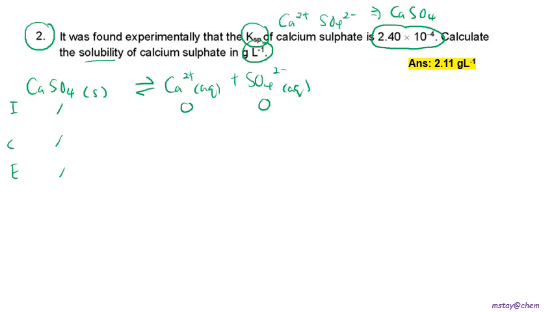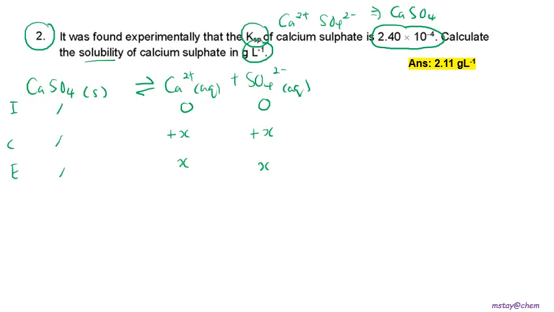But after a time, the calcium sulfate is slightly dissolved and it will produce calcium 2 plus and also SO4 2 negative, where we have no idea what is the actual value. So we represent it by the unknown x. So at equilibrium, there is x mole per liter of calcium 2 plus, and so for SO4 2 negative.